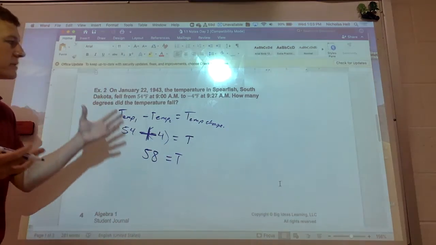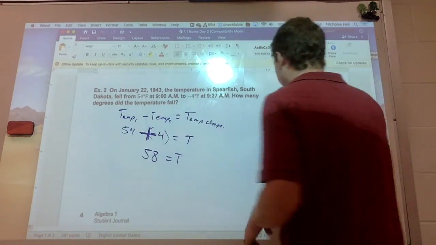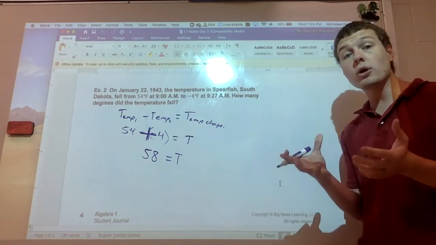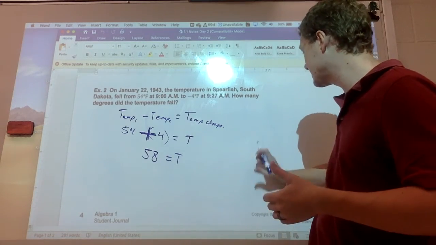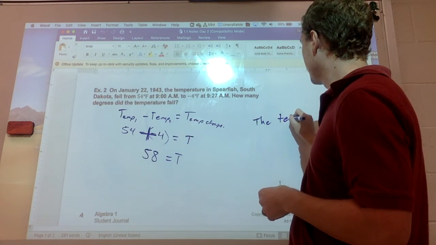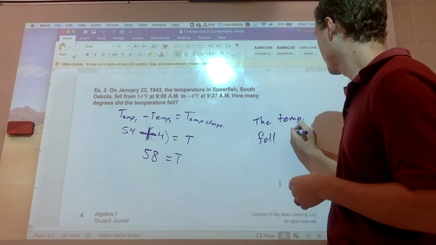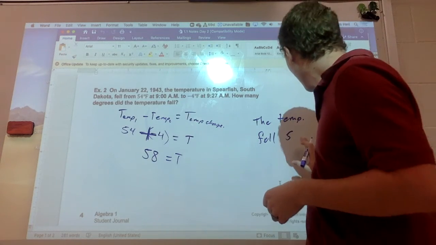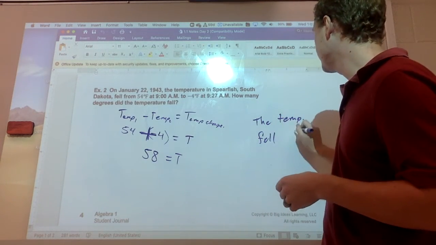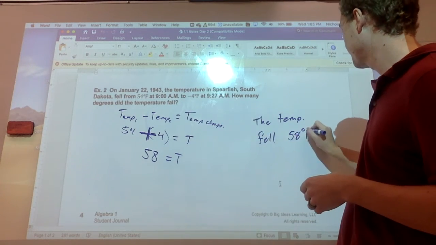So T was our final temperature. How many degrees Fahrenheit did it fall? So summarize it. That's one quick sentence is all you need. So I'll even abbreviate. The temp fell 58 degrees, and this was in Fahrenheit.